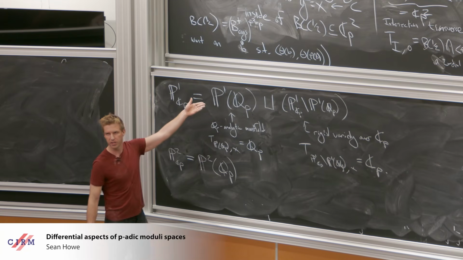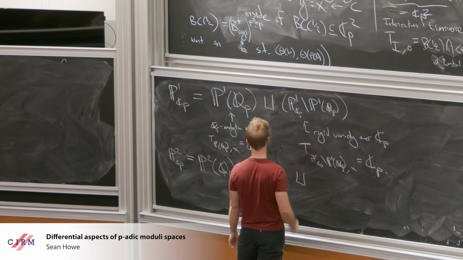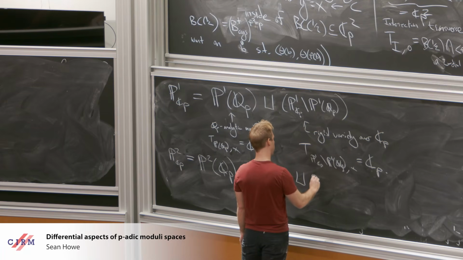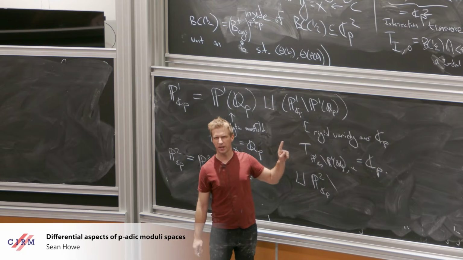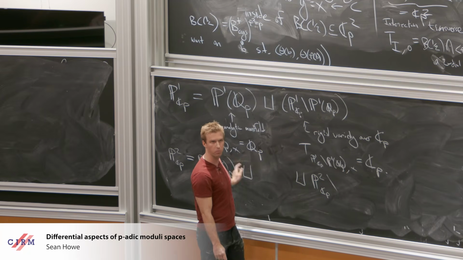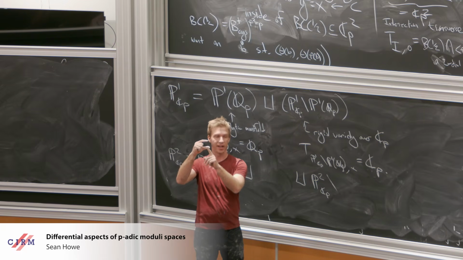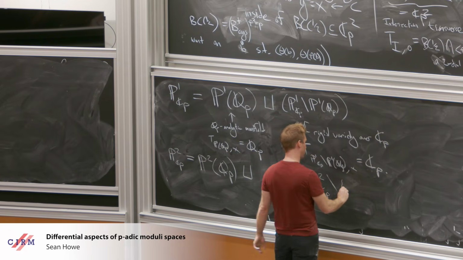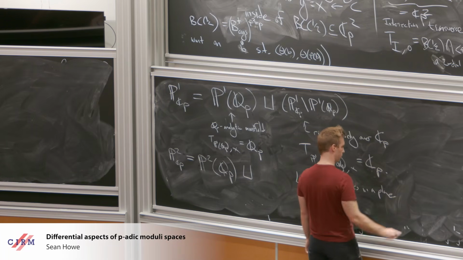You still have your P2 of QP, and then you still have your P2 of CP minus, but now when you take the top strata, you don't just remove all of the QP points, so you don't remove all of the lines over QP, you remove any line that is contained in a plane defined over QP. So this is lines in a plane over QP.